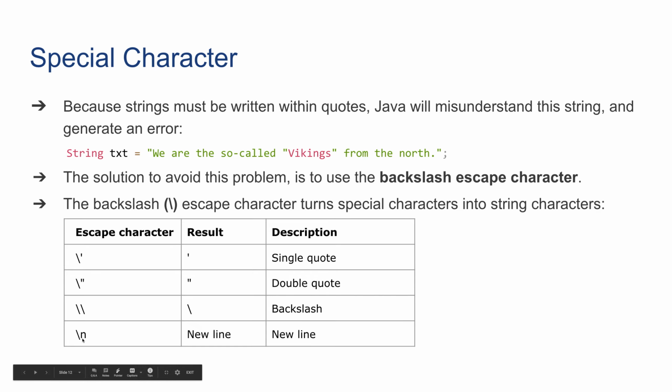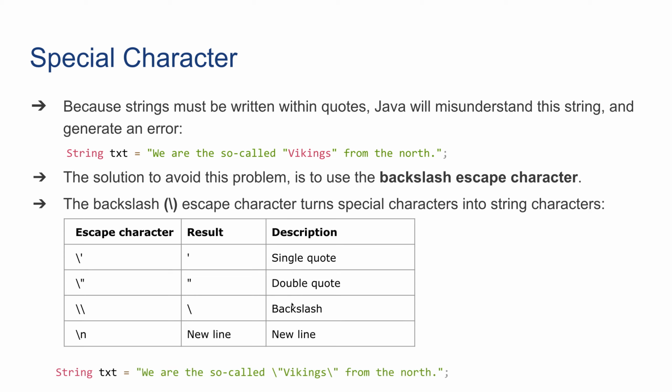Printing a new line is also a special character, so you could say backslash n, which will create a new line. So with this, the correct version of our above string could look like this.